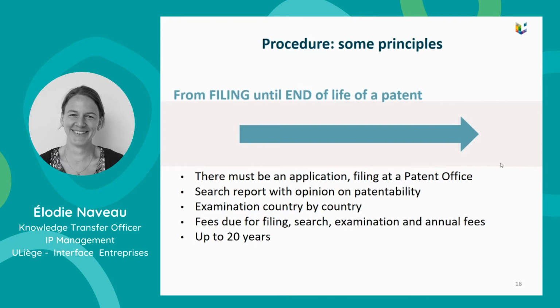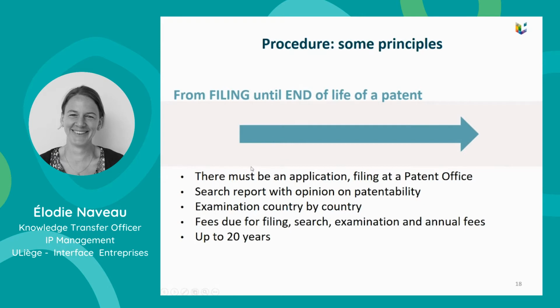They come to us because they found something in the patent database, and they say it's impossible to have a patent on that because it's not new. Okay, but what you find in the patent databases are not necessarily accepted patents, because patents will be accepted only after an examination procedure, and the examination occurs country by country.